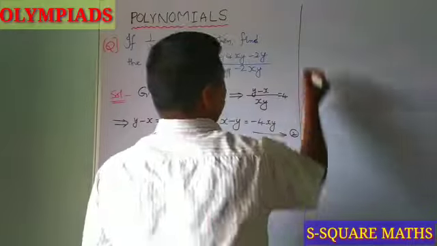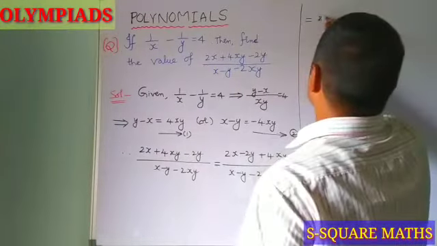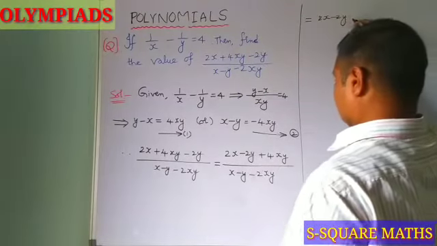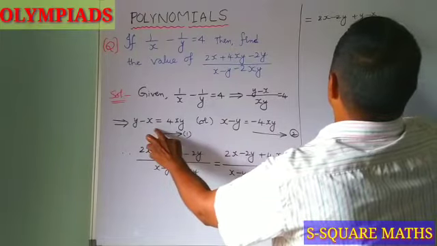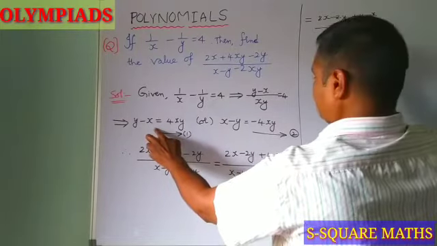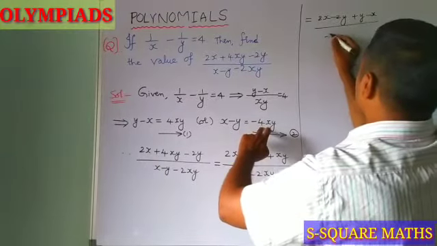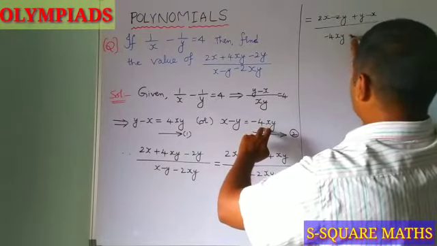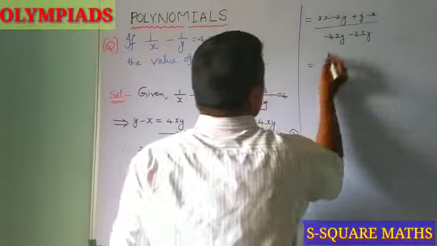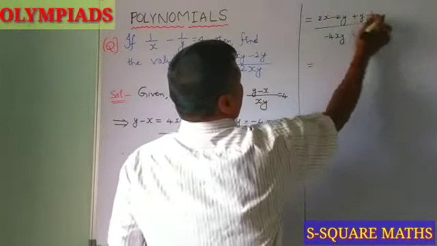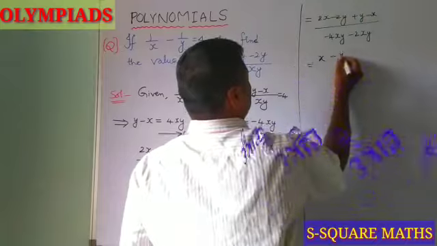So this can be written now as equal to (2x minus 2y, 4xy can be written as y minus x) by, here it is, x minus y, nothing but our minus 4xy, minus 2xy. So 2x minus x gives you x, minus 2y plus y gives you x minus y.